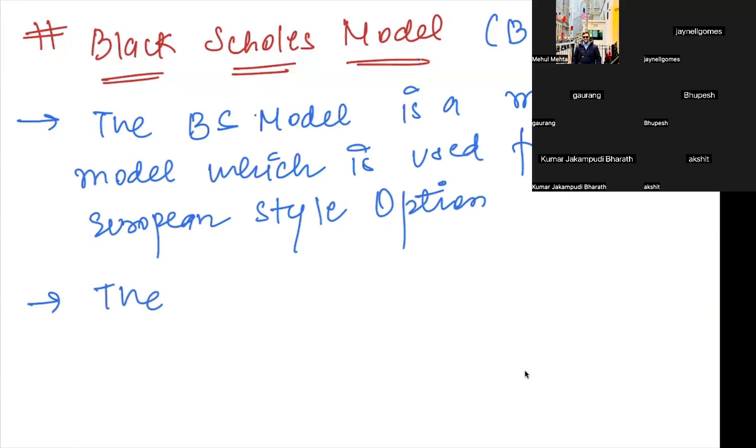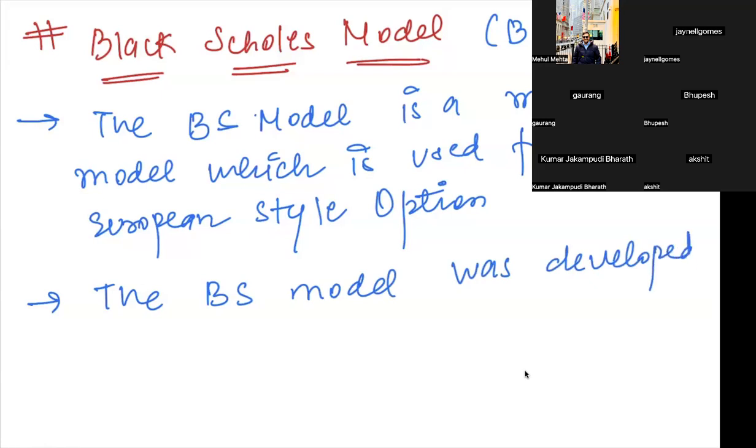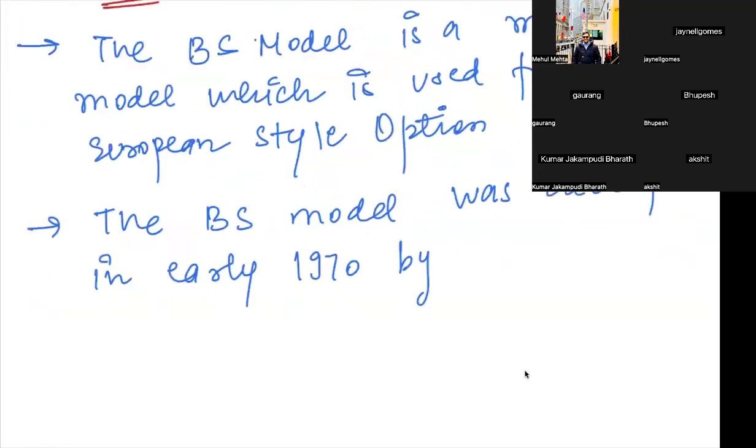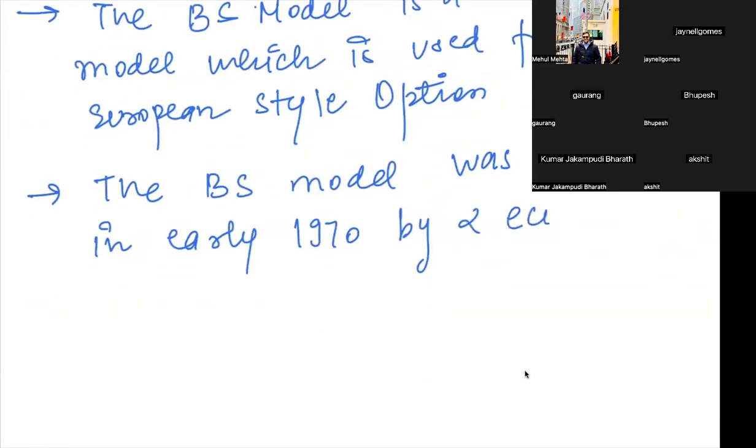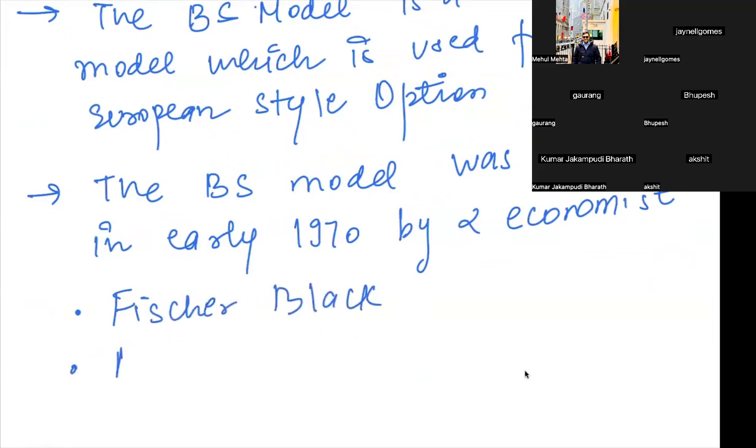The Black-Scholes model was developed in early 1970s by two economists, that are Fisher Black and Myron Scholes.